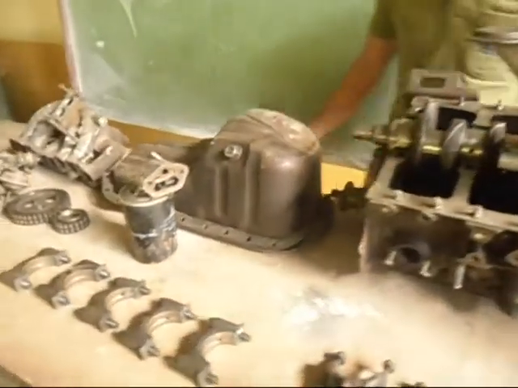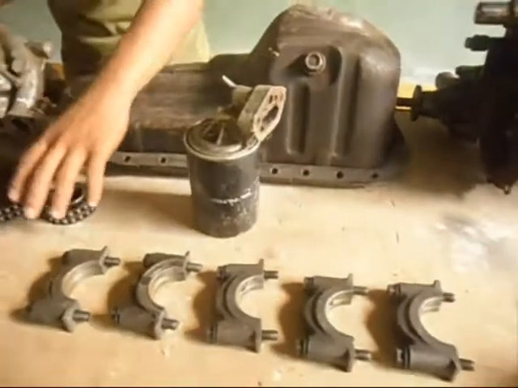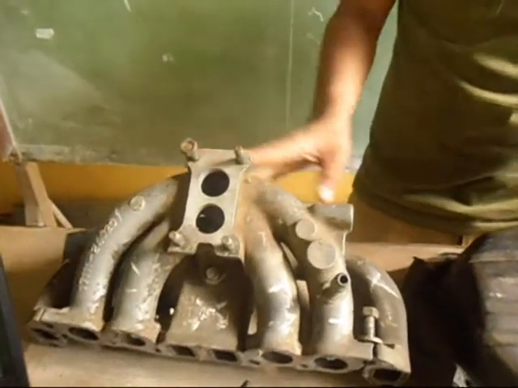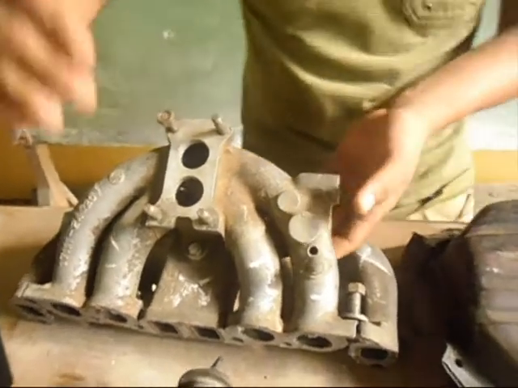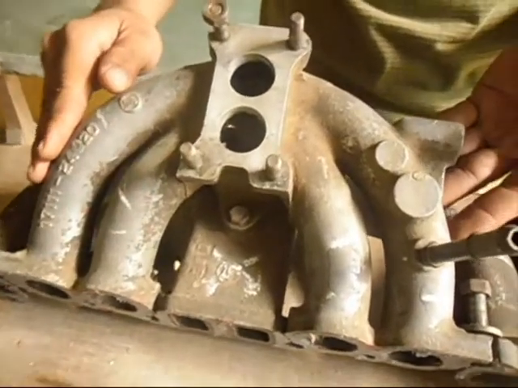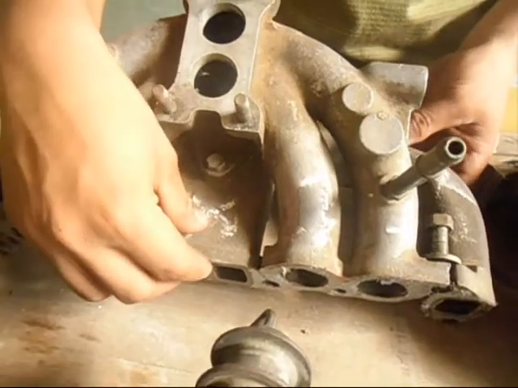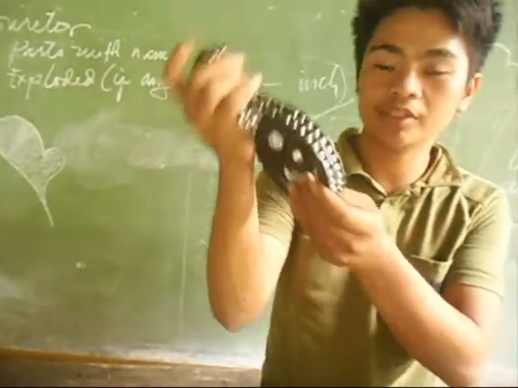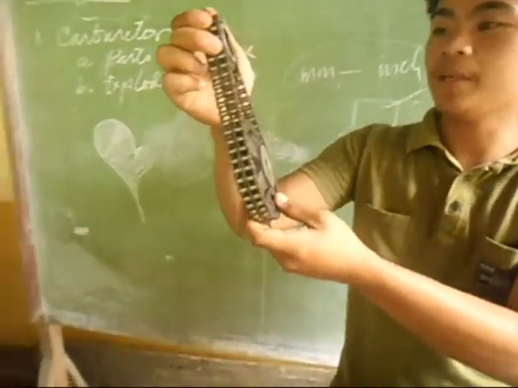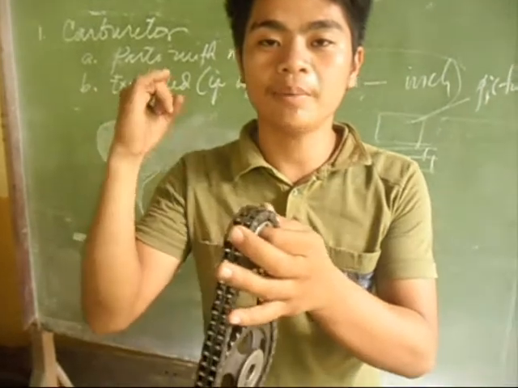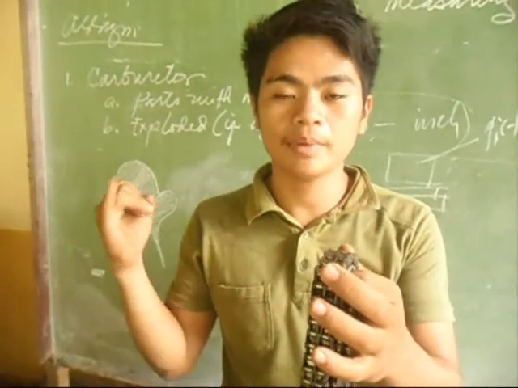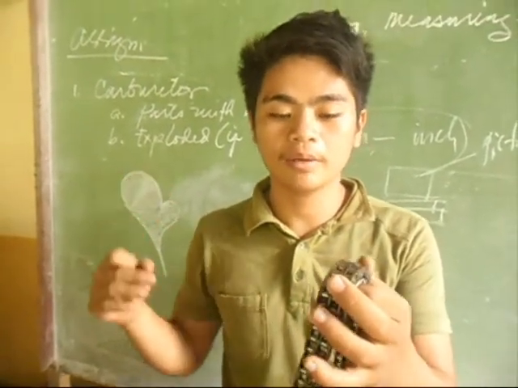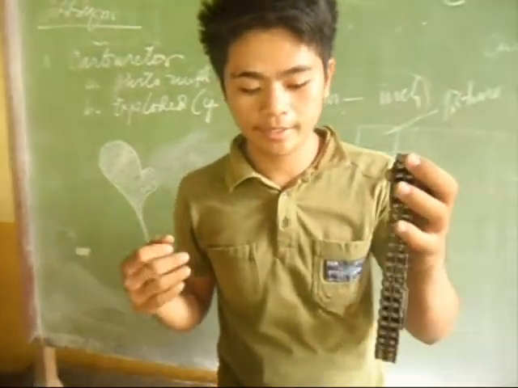For our manifold, we have the intake manifold and the exhaust manifold, and this we call the timing chain. For timing, we have the timing chain, timing belt, and timing gear, and that's all.